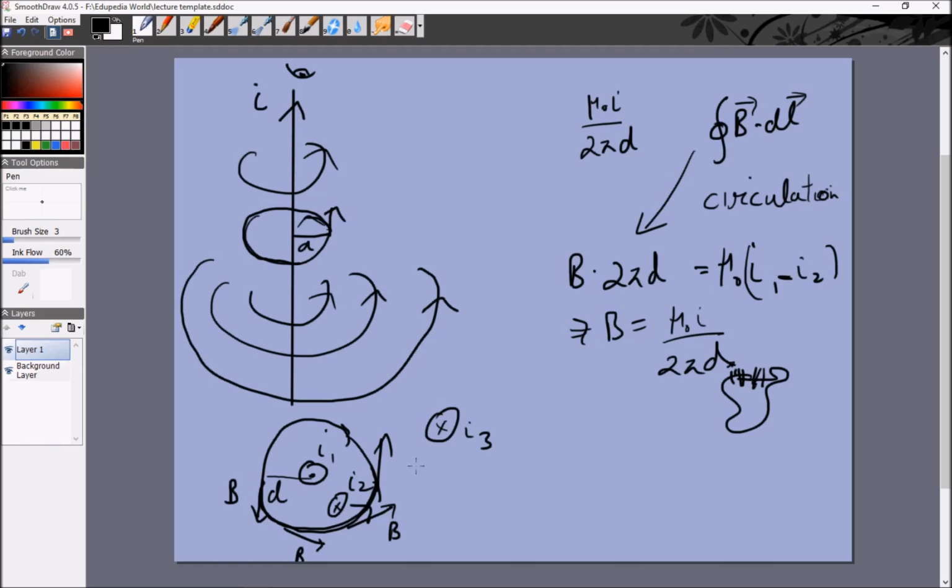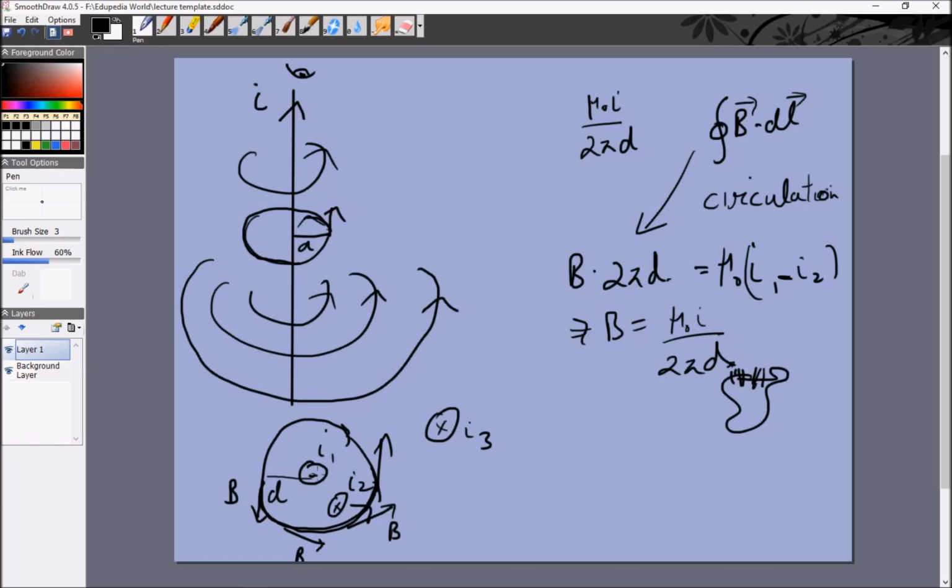It could be I2 minus I1 as well if I took I2 as positive, and herein we see an intrinsic inconsistency in Ampere's law. We always have trouble with a minus sign, which can be resolved if we take the sign on this side and this side to be consistent. So for example, if I take I1 to be positive, then this side will have I1 minus I2.